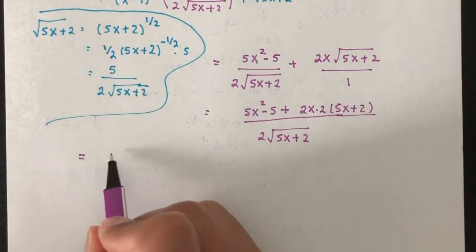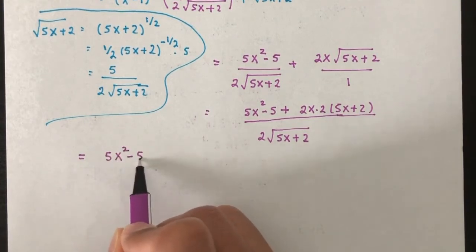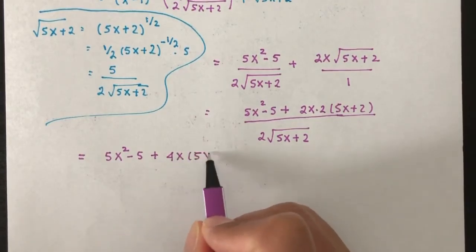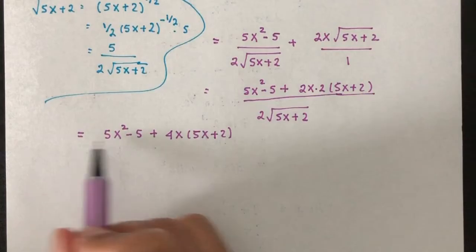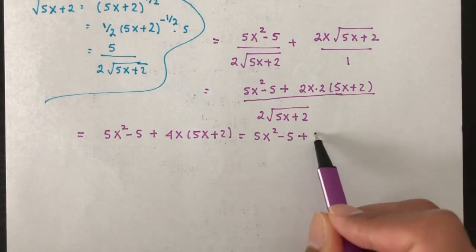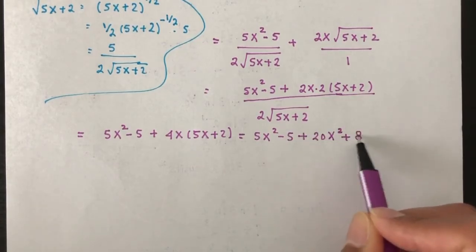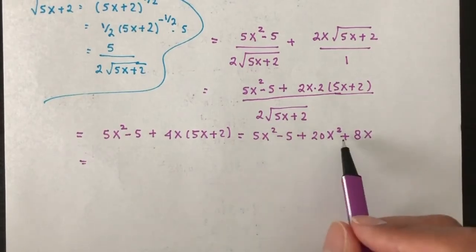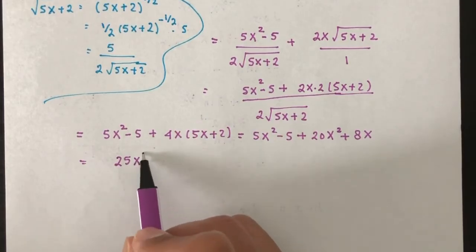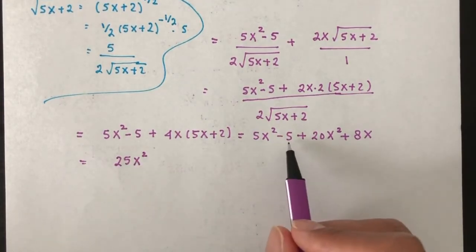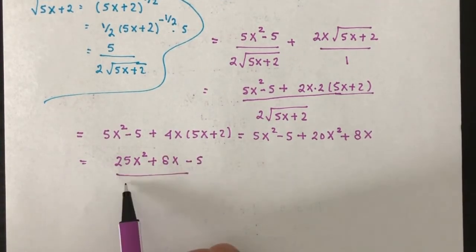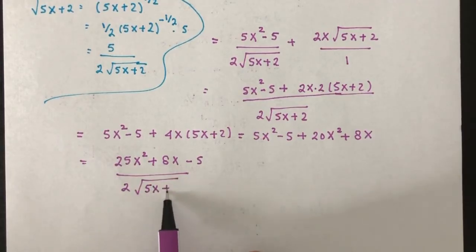So now if you simplify, that becomes 5x squared minus 5, and this becomes plus 4x times 5x plus 2. So let's simplify this term. We have 5x squared minus 5 plus 20x squared plus 8x, which becomes, if you simplify, this plus this will be 25x squared plus 8x minus 5 over 2 root 5x plus 2.